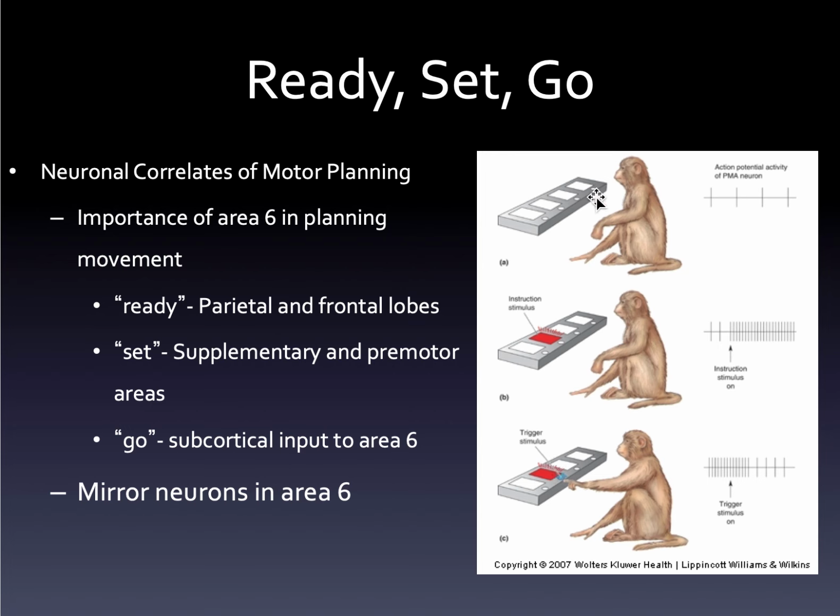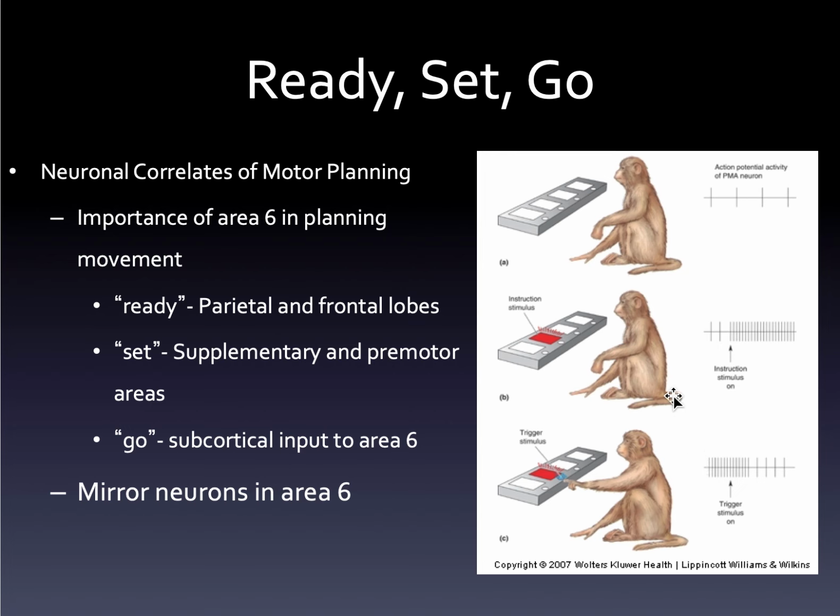Now, this monkey, being an experimental animal, has electrodes implanted in PMA, the premotor area of area 6. And what they found is that certain of these neurons, when the instruction light comes on, begin to fire, and then continue to fire until the movement is initiated, right?